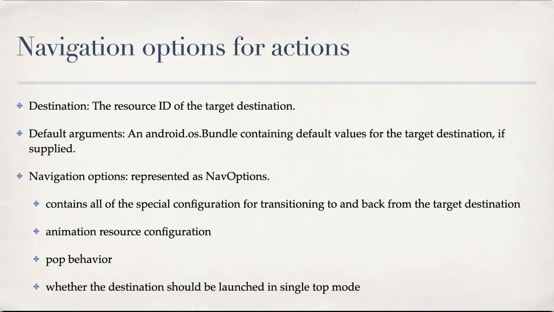Another thing is pop behavior. So when you click the back button, you usually pop only the top fragment, but sometimes the flow makes sense such that you pop off a few other things from the top. Okay, so that is the pop behavior you can specify here.